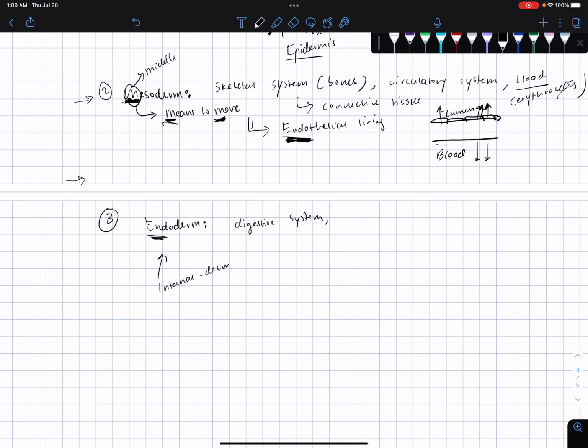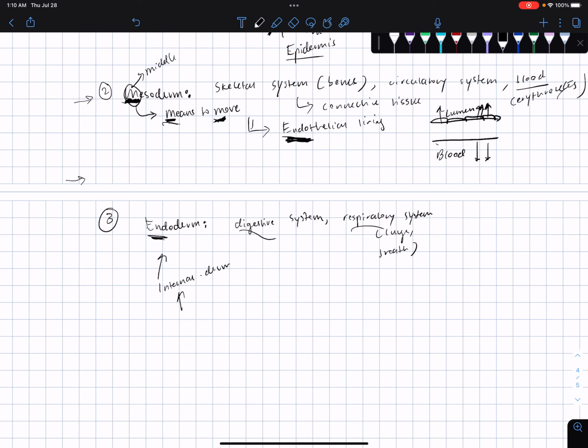And then we also have the respiratory system. So this is our lungs, allows us to breathe, right? So it's called the endoderm or internal derm because you're basically giving the linings to these very internal systems, such as the digestive system and the respiratory system.